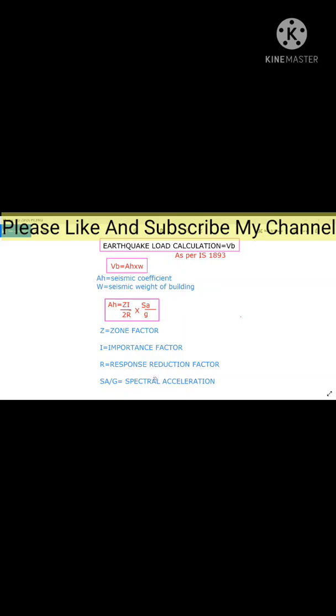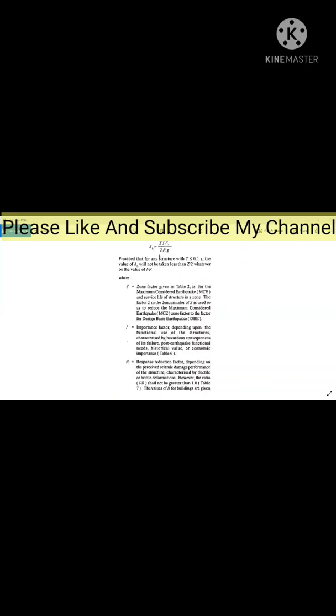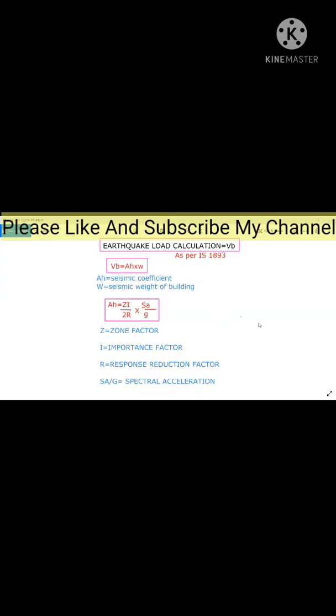If you want to see that, I will show you. So you can see that Ah equals ZI by 2R into Sa by g. This formula is given here also. So you can see this is the formula based upon which we are going to calculate all these values. Okay, so I have written it over there. So you can cross check it from the IS code.